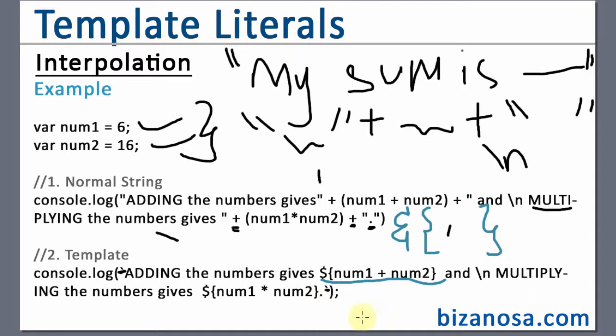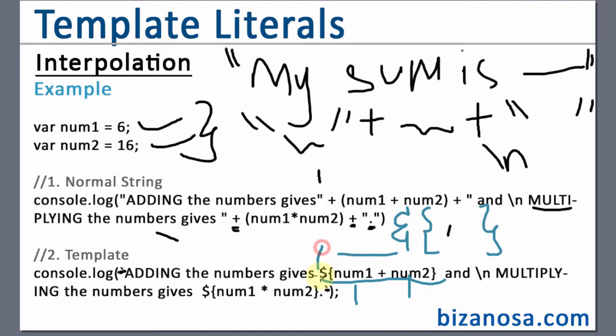So this will be passed into a function, and the function will do an operation of this and then put the result there. If you're doing the addition of these two numbers, it will add this number and then add this number, and once it has added these two numbers, it will put the result there.